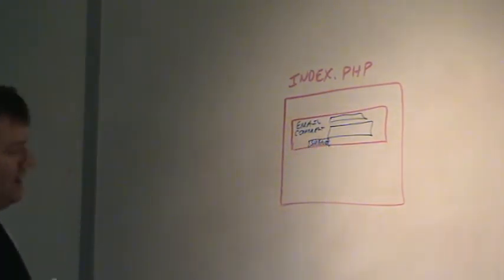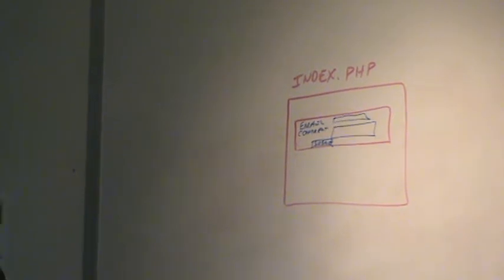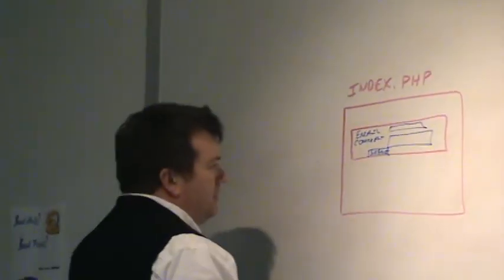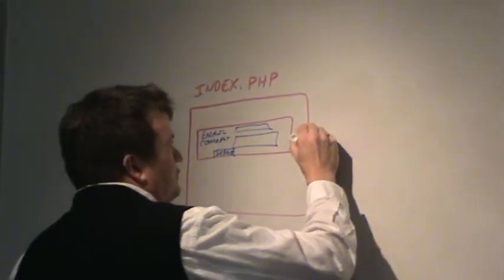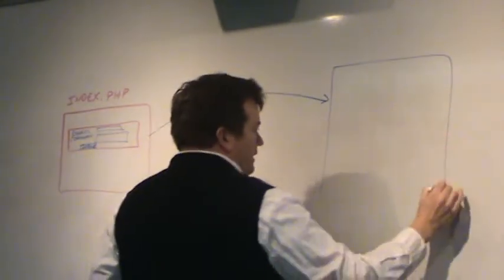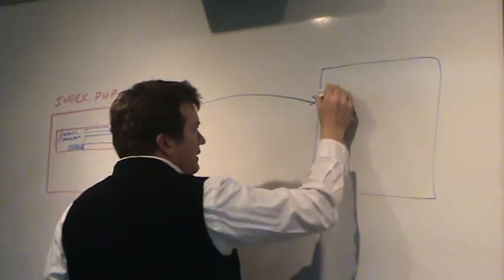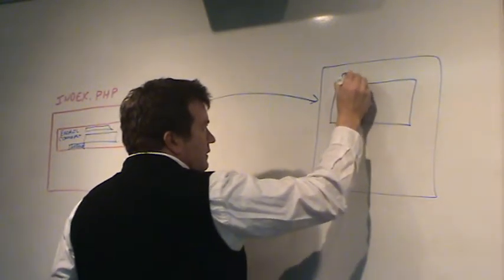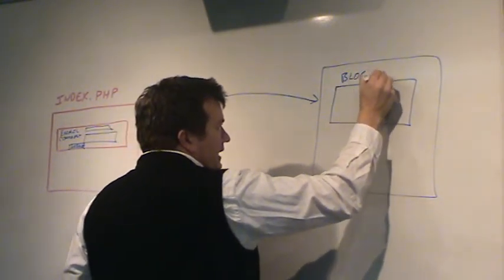Okay. Now, they hit that button, and these two answers get sent over to the server, and they get recorded in a file called blog.txt.